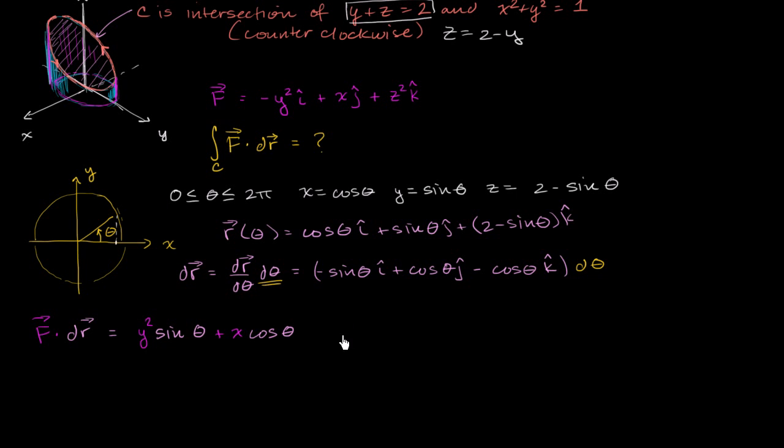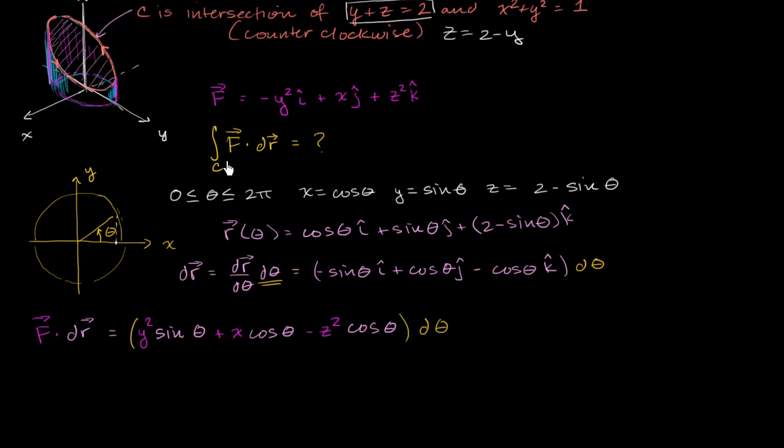So that's going to be negative z squared times cosine theta, and then all of that times d theta.